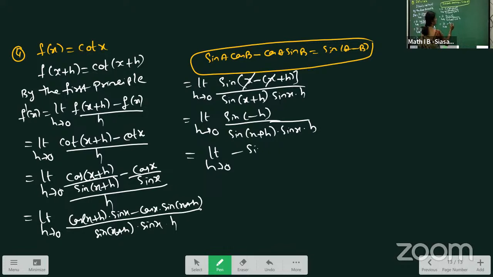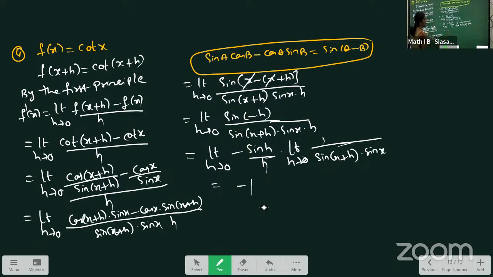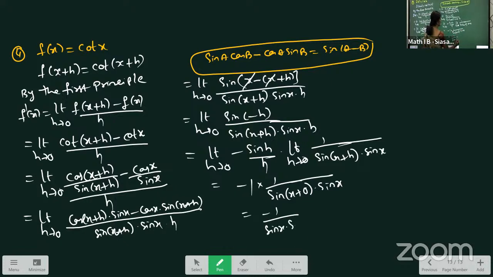So minus sin h by h, write this denominator h here, into the remaining terms, like a limit separately: 1 by sin of x plus h into sin x. So for the first term, limit h tends to 0, sin h by h is 1. The minus remains as it is, into 1 by, wherever h is there, put 0: sin of x plus 0 is sin x, into sin x as it is. So minus 1 by sin x into sin x, which is equal to minus 1 by sin square x.